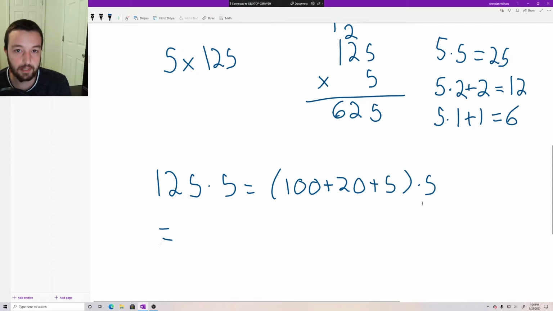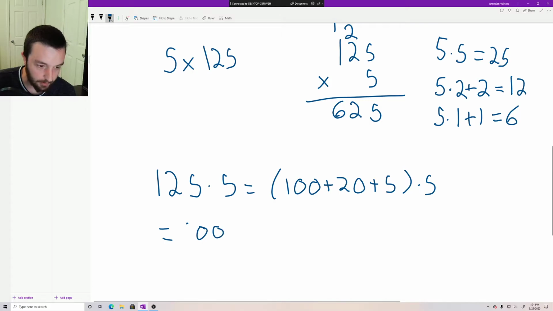What the distributive property says is we don't have to. We can actually do the multiplication first, then add it together. So we can do 100 times 5 plus 20 times 5 plus 5 times 5. Okay. So that's what's really going on behind the curtains of this algorithm up here.